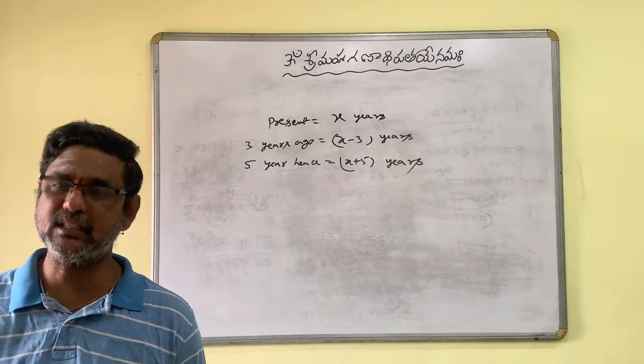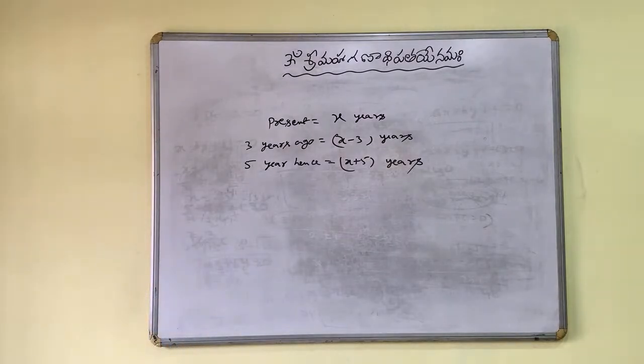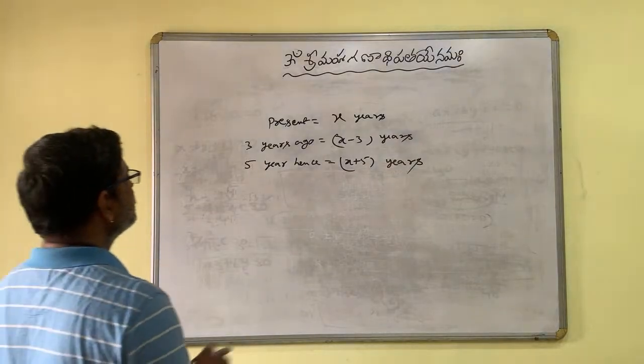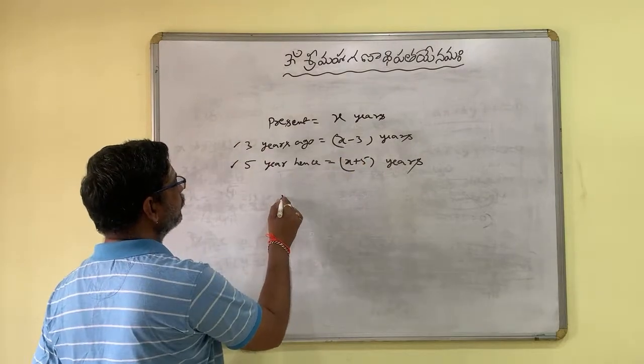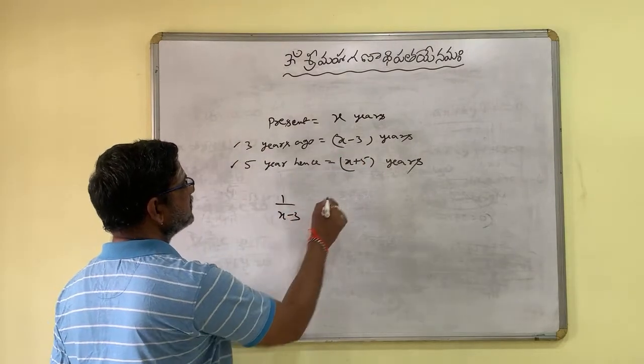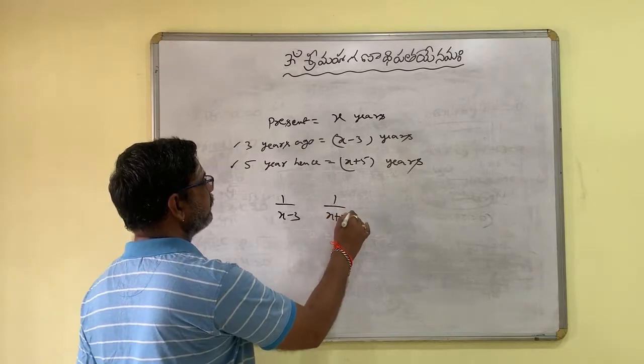What he is asking to do is, the sum of the reciprocals of my age 3 years ago and 5 years from now. That means I have to take out the reciprocals of these two: 1 by x minus 3, 1 by x plus 5.